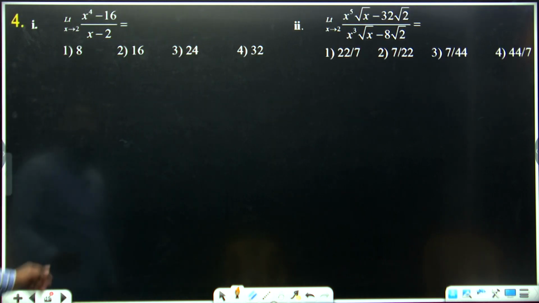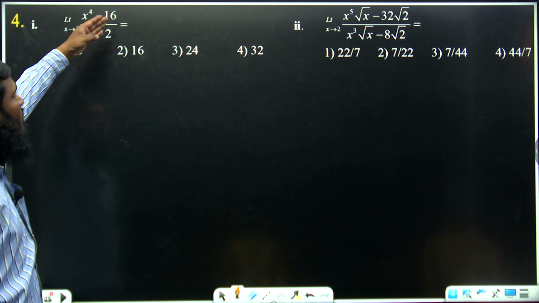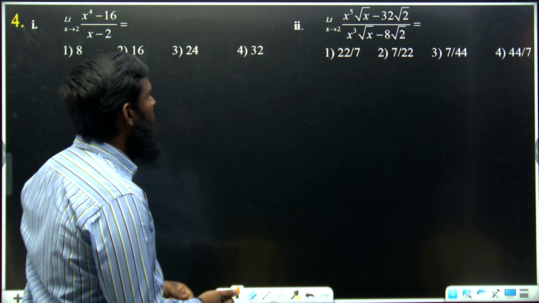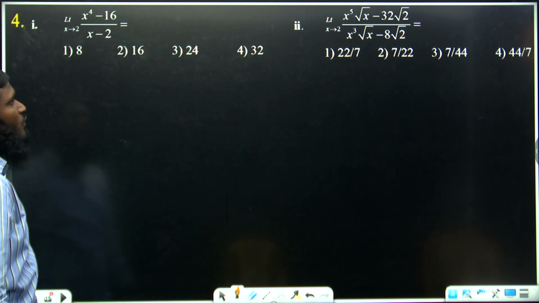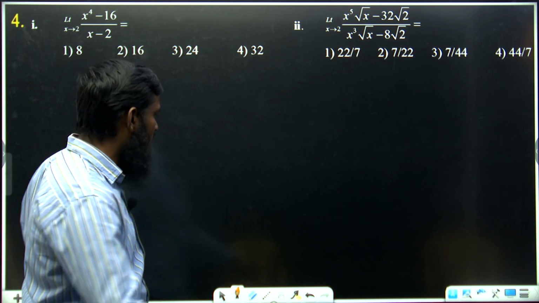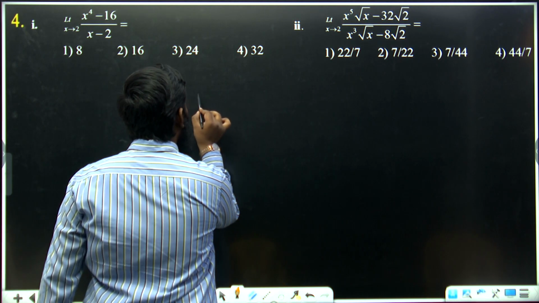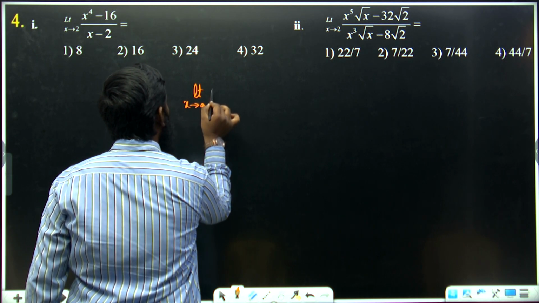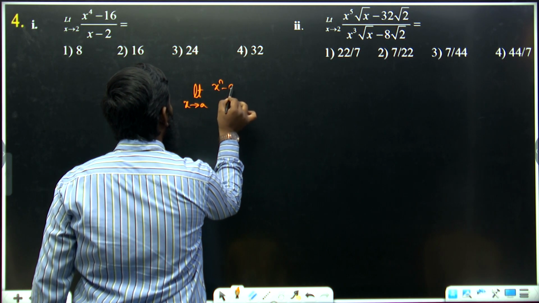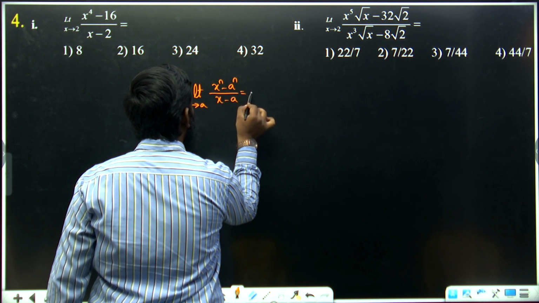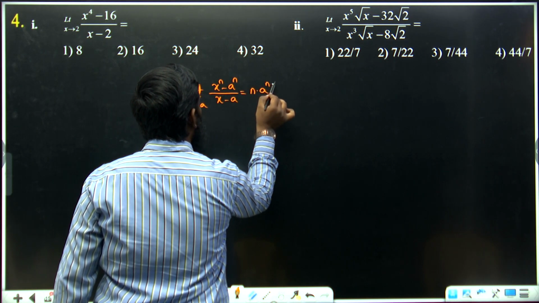Now next, limit x tends to 2, (x power 4 minus 16) divided by (x minus 2) we are having over here. If you look at this question, for this type of question we have a very standard limit. That standard limit is: limit x tends to a, (x power n minus a power n) divided by (x minus a) is equal to n into a power n minus 1.